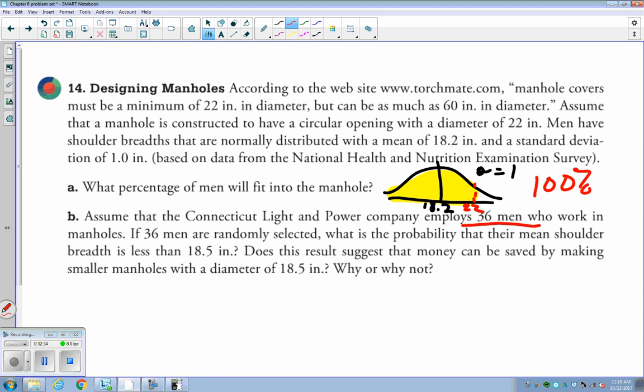Okay. So we're now on part B, and assuming that the Connecticut Light and Power Company employs 36 men, it's a sample of 36 men who work in manholes. If the 36 are randomly selected, what's the probability that their mean shoulder breadth is less than 18.5?